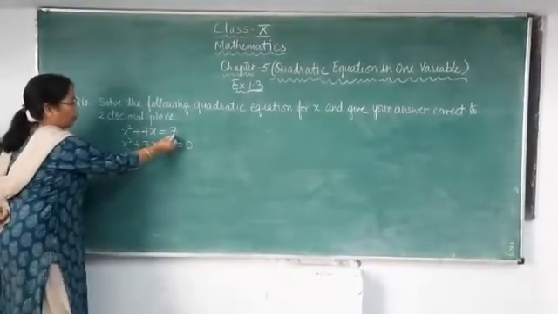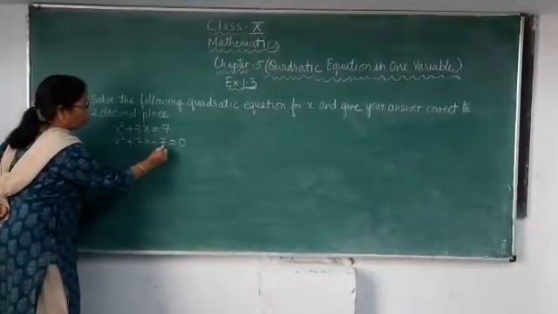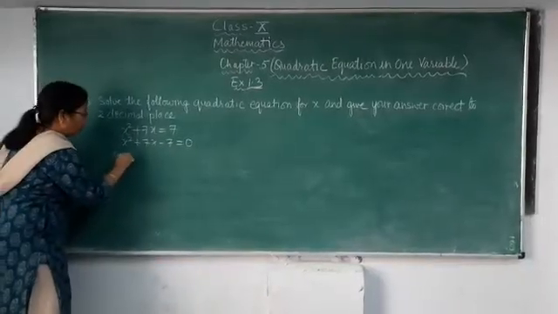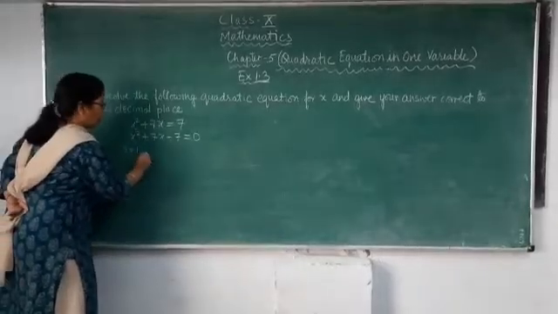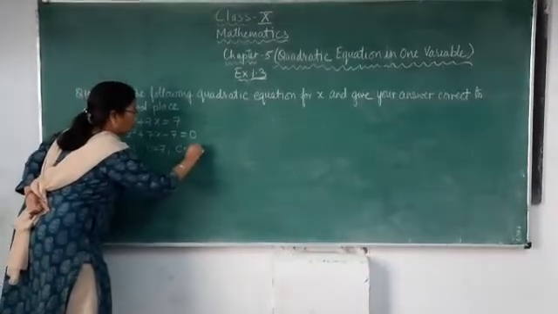So we have got this plus 7 into the left hand side. It will change into minus 7 equals to 0. Now a equals to 1 because x square is not having any coefficient. It means a is equals to 1, b equals to 7 and c equals to minus 7.